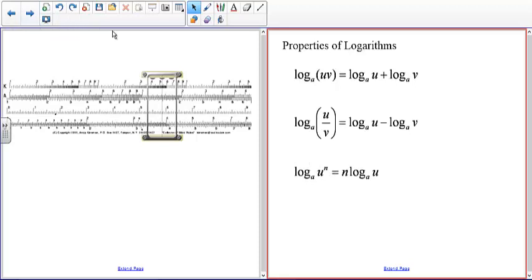We're going to use this to evaluate logarithms numerically. We're also going to expand products and quotients using these properties, and simplify things that have exponents. And again, this is a key thing that we're going to use in calculus, not till the end of the first semester, but we are going to use it.